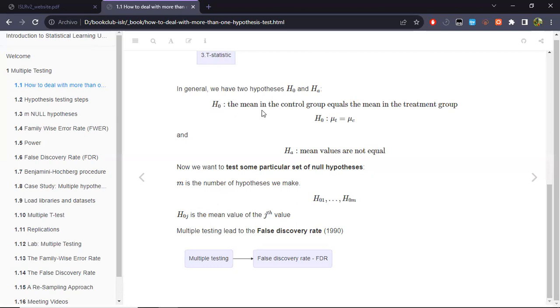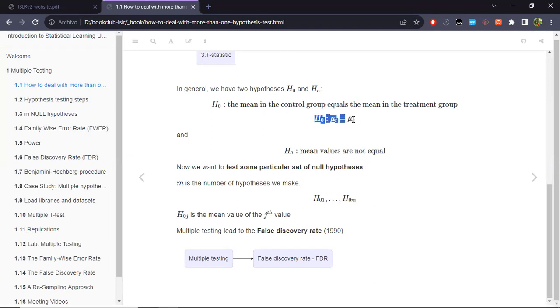That would be that in some experiment where you have a control group and a treatment group, our hypothesis is that the mean of some value, maybe temperature for the people in that group, or pressure, if the mean in the control group of something that we are measuring is the same also in the treatment group.